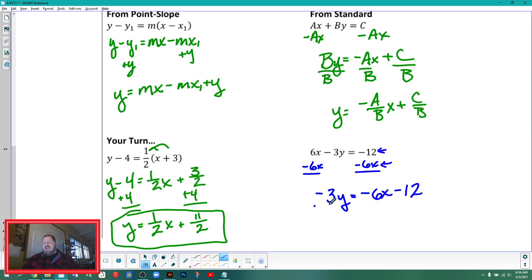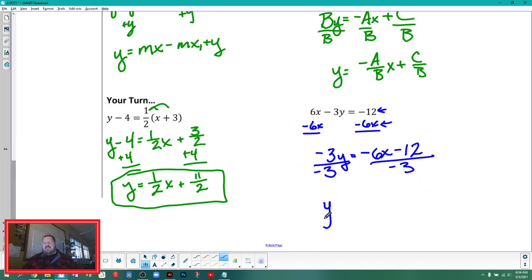And then I'm going to divide by -3, and I could say that I'm going to divide the whole thing by -3, but that's the same thing as dividing both the pieces by -3. So I might as well just do that. -6 divided by -3 is +2. Not even going to mess with that negative. So we get 2x. And then -12 divided by -3 is +4. So that's the equation that we get there.